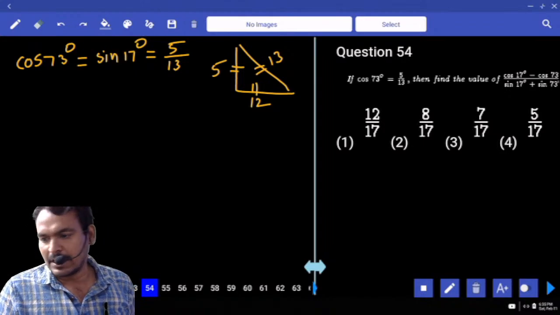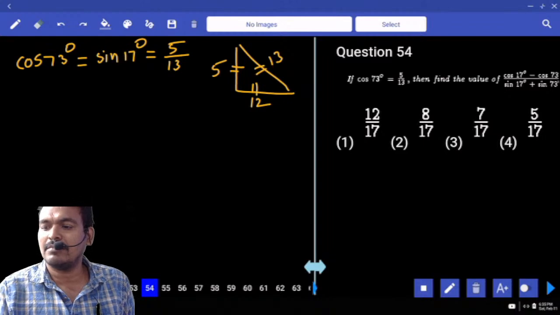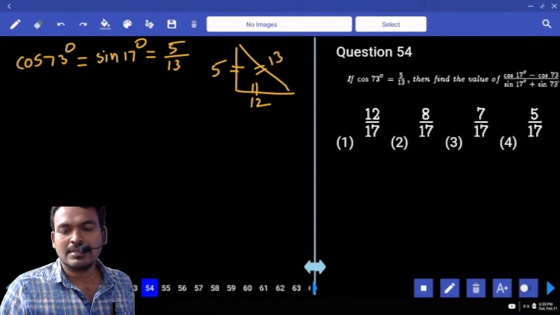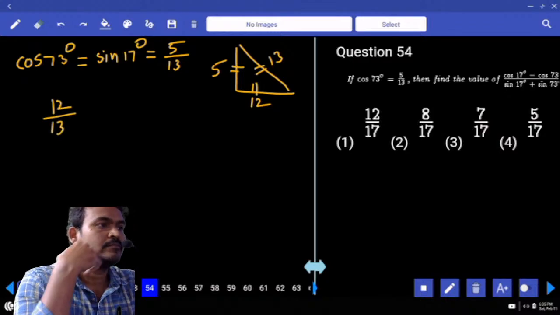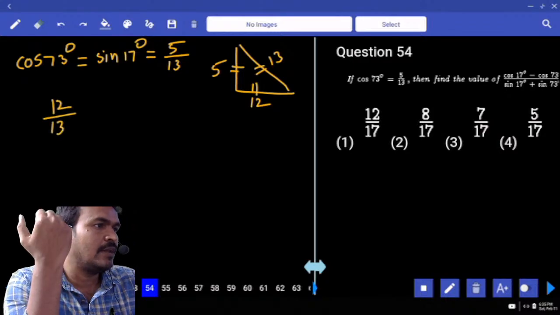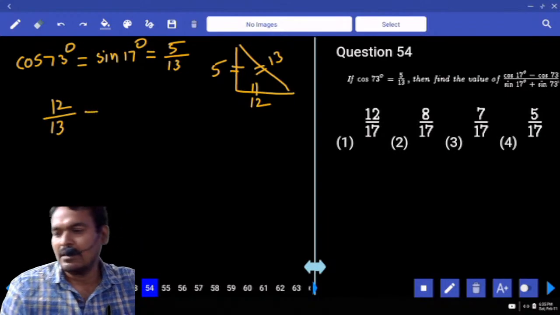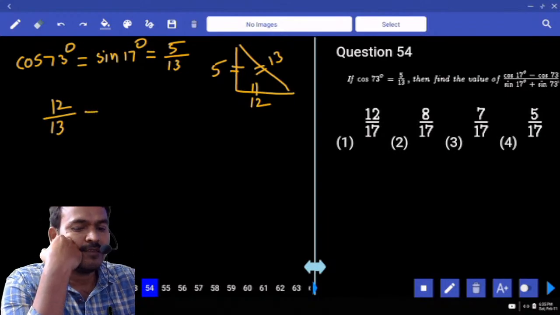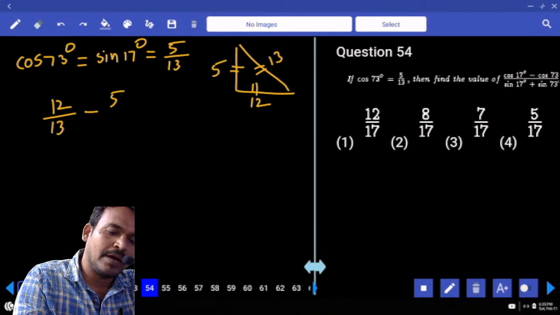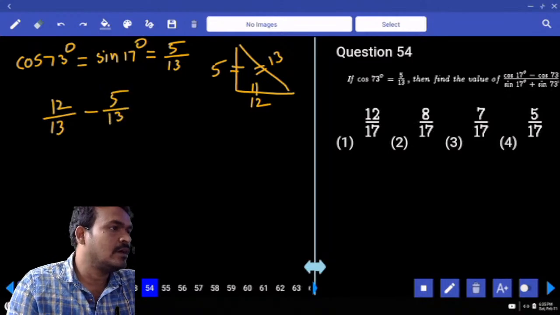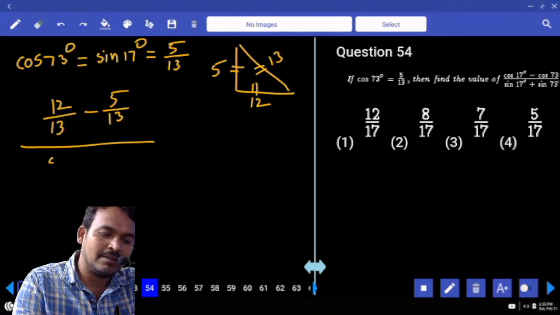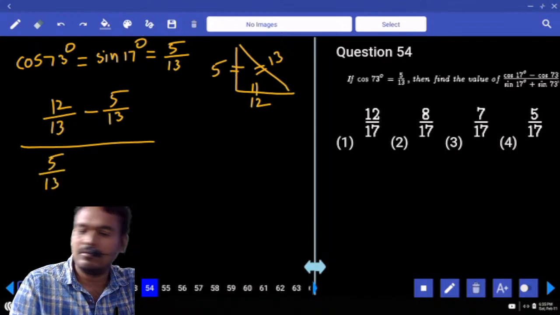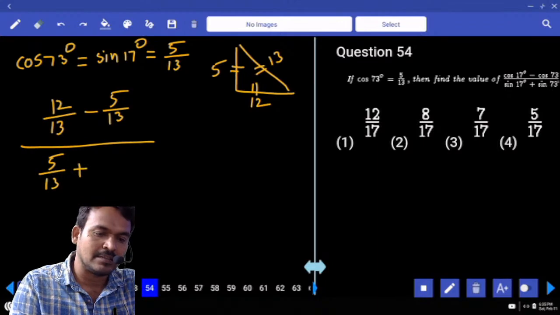Sin 17 is 5 by 13. What is the question here? Cos 17 minus cos 73. Cos 17 means 12 by 13. What is the cos 17? 12 by 13 minus cos 73. Cos 73 is how much? 5 by 13. It is the numerator. What is the denominator? Sin 17, which means 5 by 13, plus sin 73.